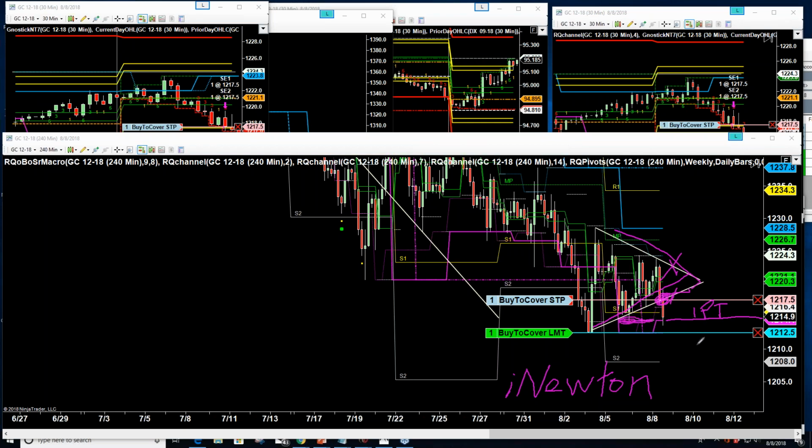The next profit target is the previous low. This is textbook. iNewton doesn't really go back to look at those highs and lows for profit target, but 80% of the time you see that they match really, really well.